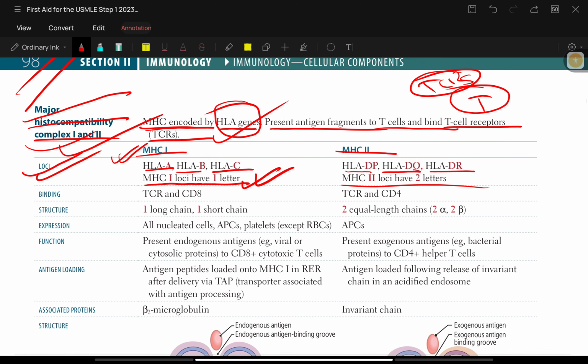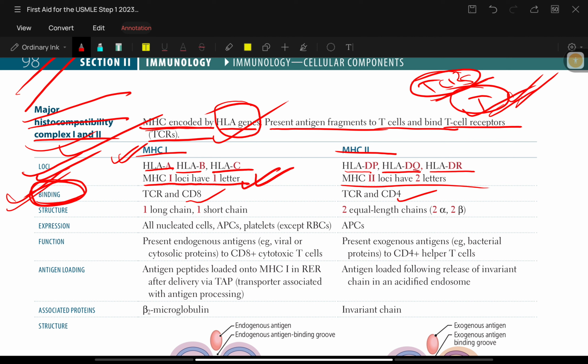As we have discussed earlier, T cells have TCR receptors, and also they consist of either CD8 or CD4. So we have to remember the binding: MHC class 1 binds to TCR and CD8 molecules of T cells.